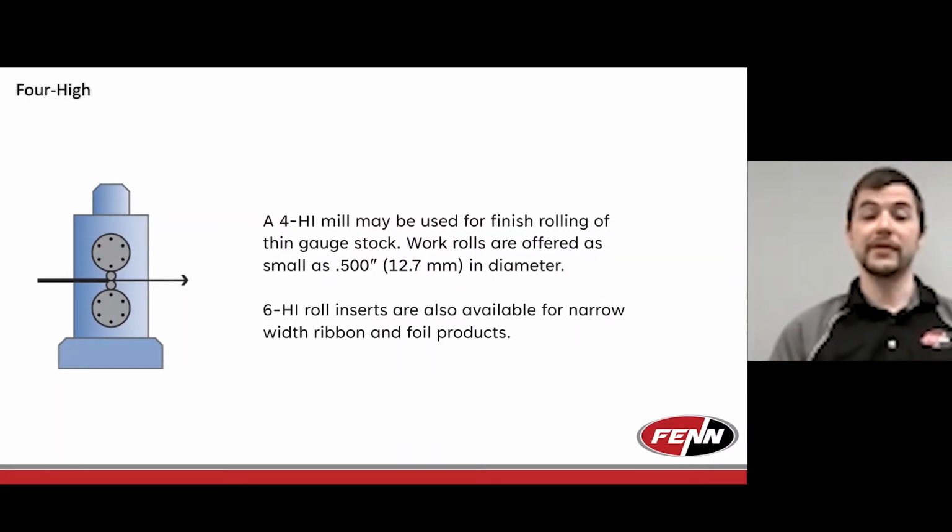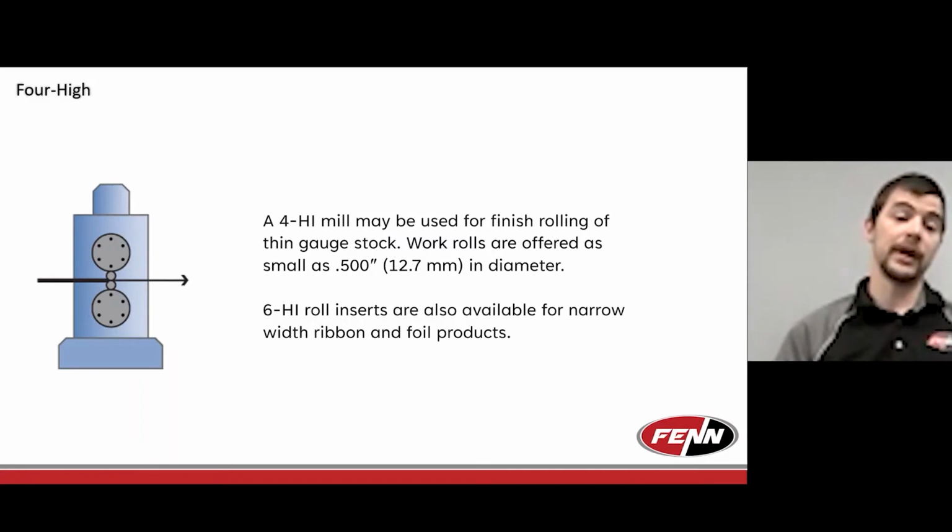4 high mills come into play when we're talking about how thin you want to gauge. For applications where you want to roll very thin, 4 high mills become extremely useful. The reason a 4 high comes into play over a 2 high reflects both how thin you want to roll as well as how much force you exert. On 4 high mills, we've done rolls as small as 500 thou, which is about 12.7 millimeters in diameter.